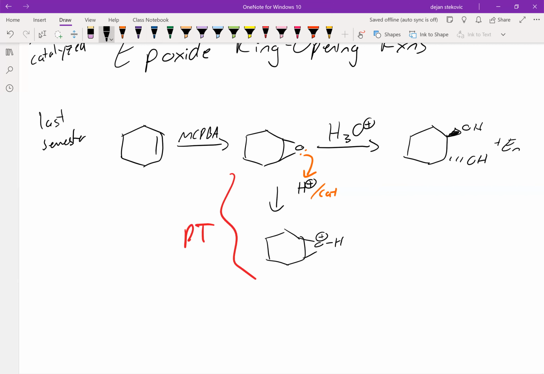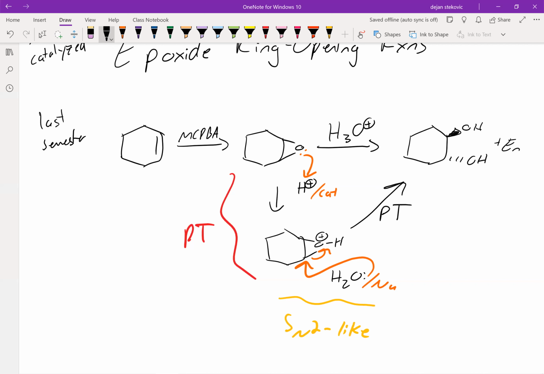And then after that, we have our molecule of water acting as our nucleophile. And then what we're doing here is essentially an SN2-like reaction to get to our final product, and then there's another proton transfer to get rid of the excess H+.